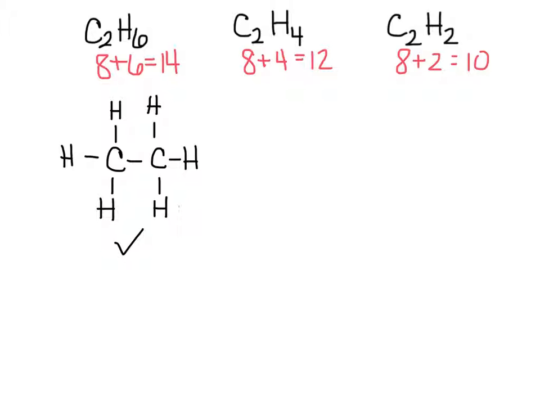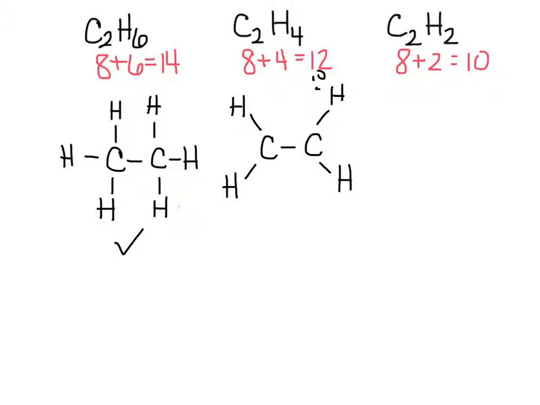All right, let's try our second one. Same thing, we have 12 electrons. We're going to start with our carbons, and let's make it symmetrical. So I'm going to draw my hydrogens kind of pretty like this. You don't have to. All right, we've connected everything. This time we have 2, 4, 6, 8, 10, it looks like. We've taken care of 10 of our electrons, and we only have 2 left.